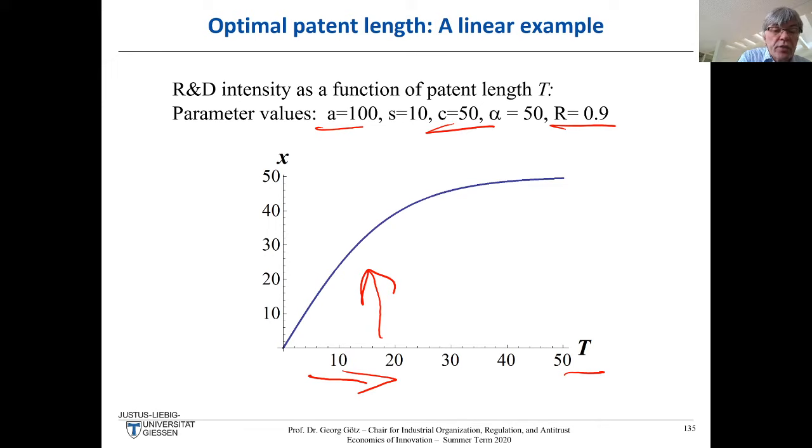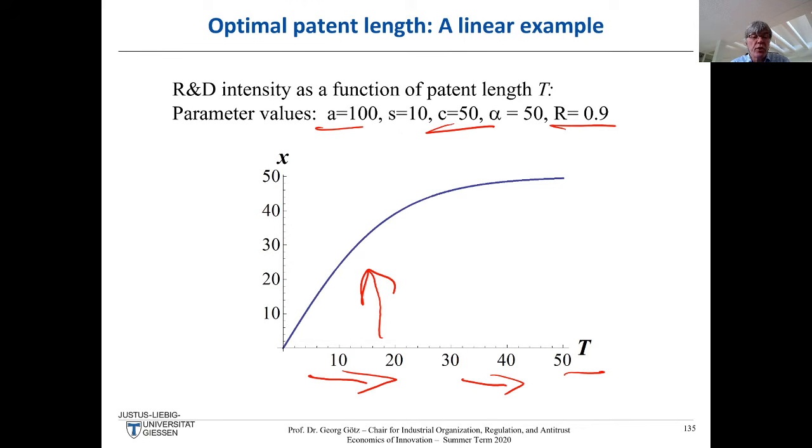But as you see from this concave shape, if you're already out here, an additional year of patent protection gives us hardly an increase in this X. So here again, the diminishing returns to R&D, or the increasing costs of R&D, kick in.